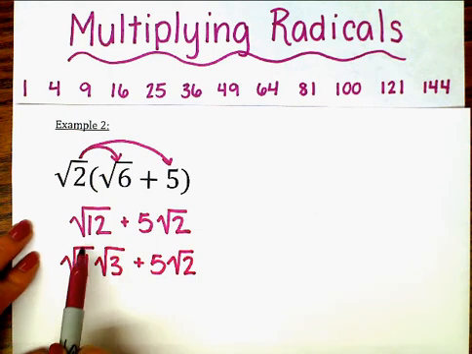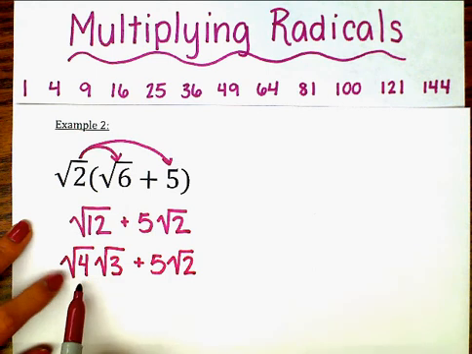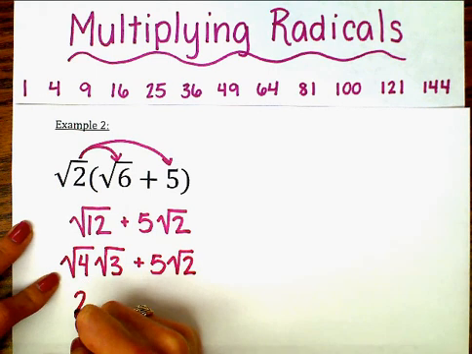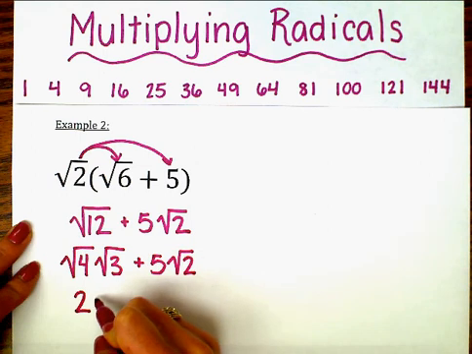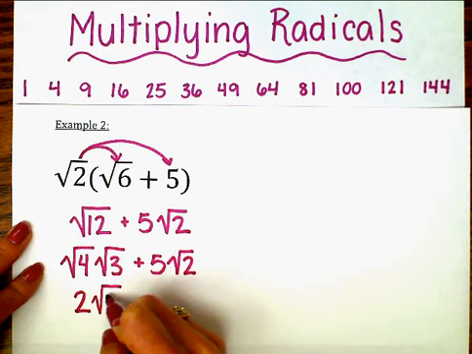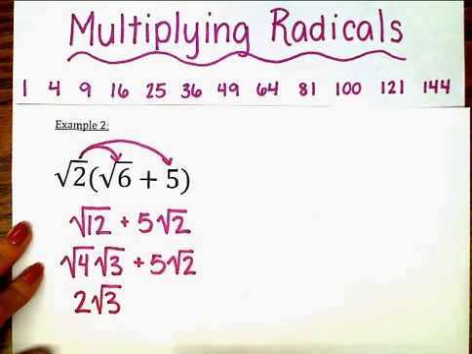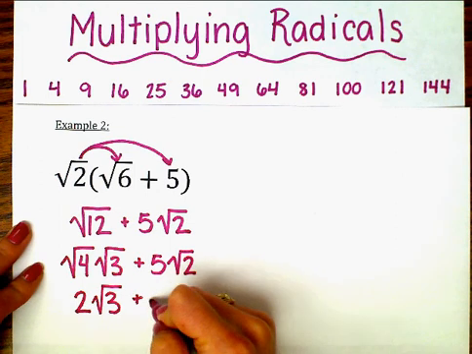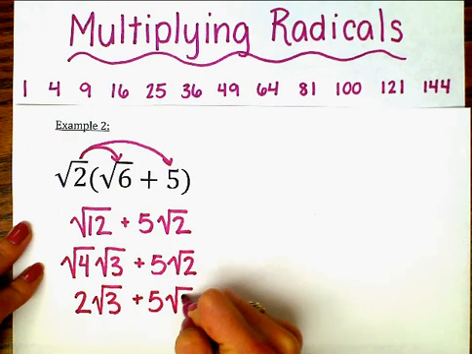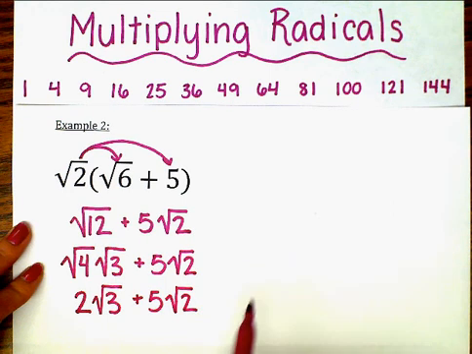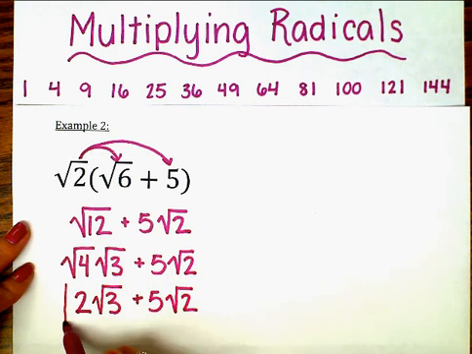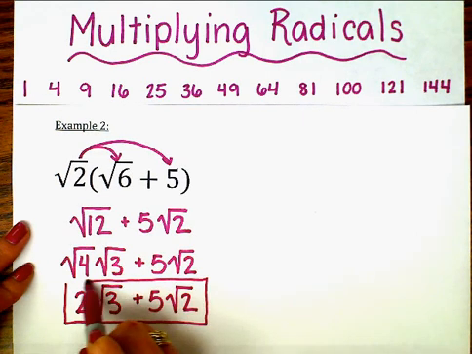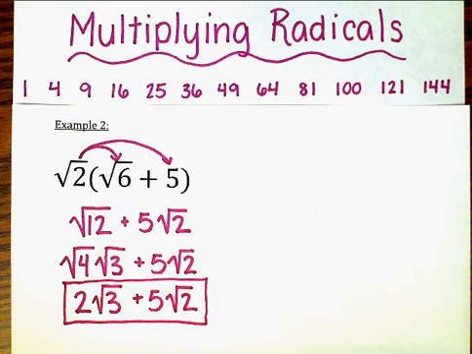And now you look at the radical 4 times radical 3, and you see that radical 4 is actually just 2. So that simplifies to 2 radical 3. Finish up the problem. 5 radical 2. The radicals are not identical, so we cannot combine them, and our answer is left as this. You may pause the video and complete the examples below.